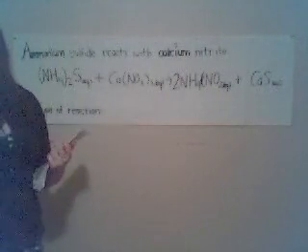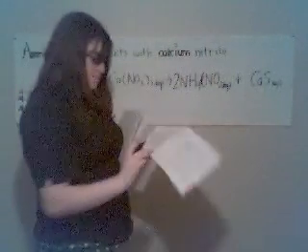Make sure you don't mix up your columns. If you see it's aqueous for group 2A, just make sure you don't mix it up, because sometimes you see it and think, oh, it's solid or something. I did that a lot, especially with the ones down here.